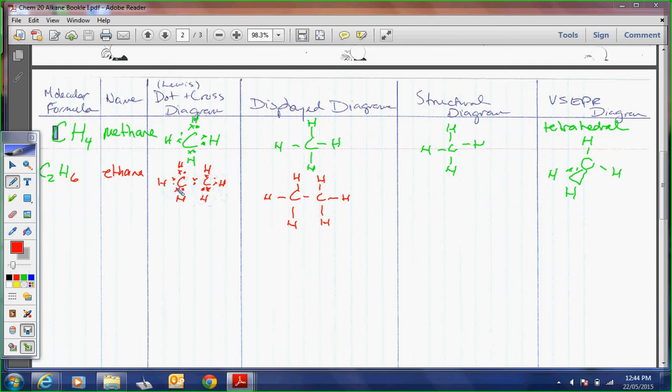Okay, does your dot and cross diagram look like mine? Does your display diagram look like mine?